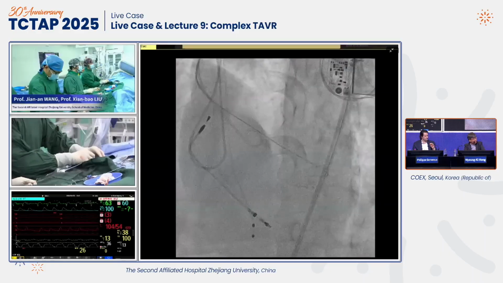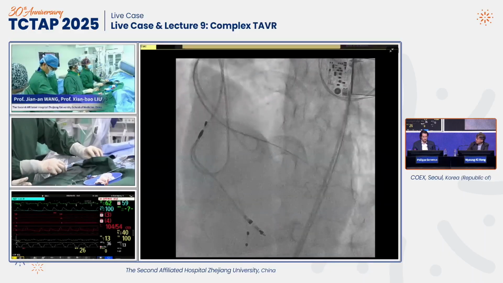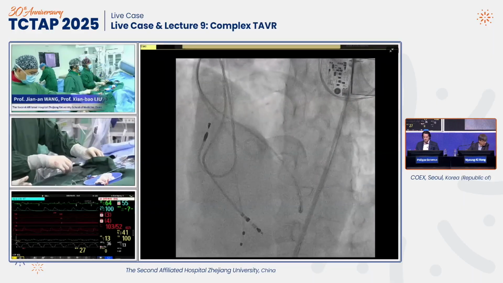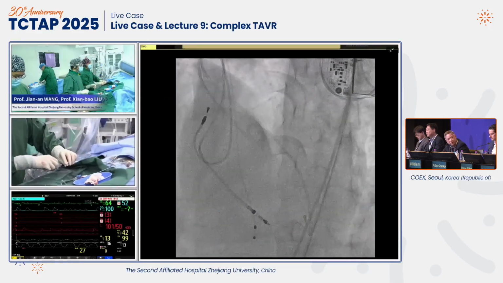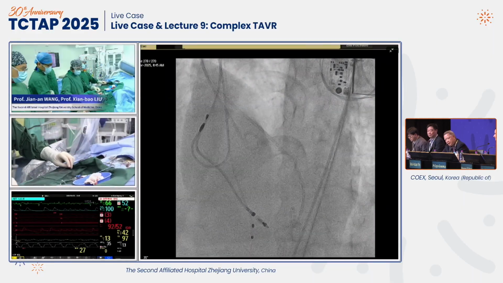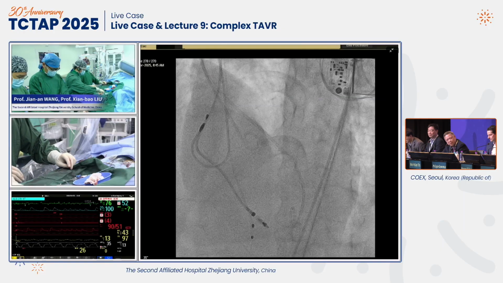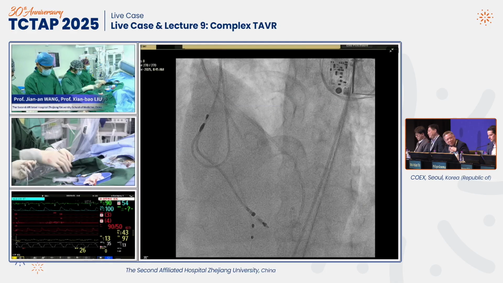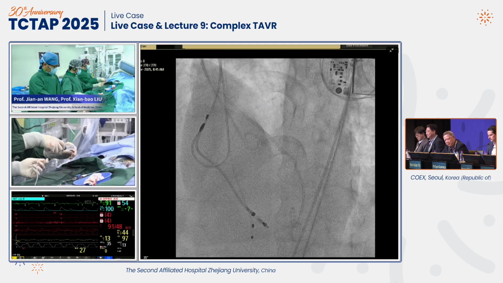Okay, I think your comment is good. Other comment from the panelists? I think a smaller amount of calcium is good for the patient, good for the TAVR. I expect to end up with a very satisfactory circular deployment without much PV leak.